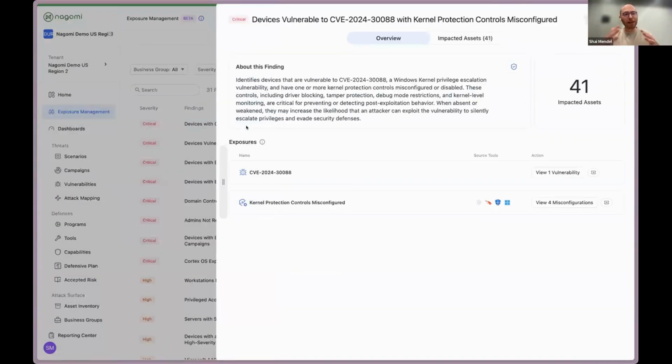So Nagomi is here to combine all of those different exposures together through our lens to help you highlight the key things you need to focus on today, and always to mobilize it to your different teams, whether it's your vulnerability teams, your security ops, or security engineering teams.